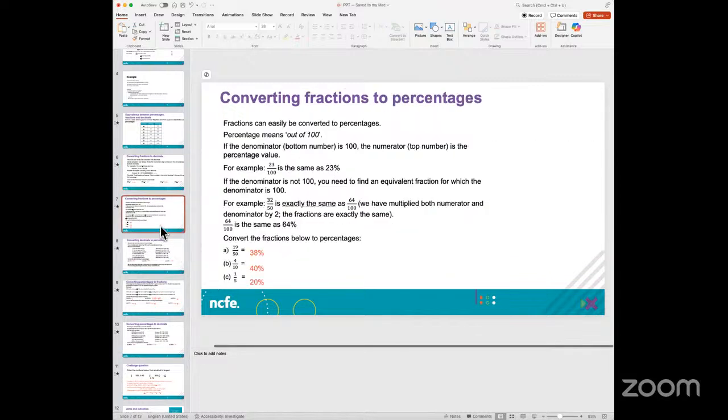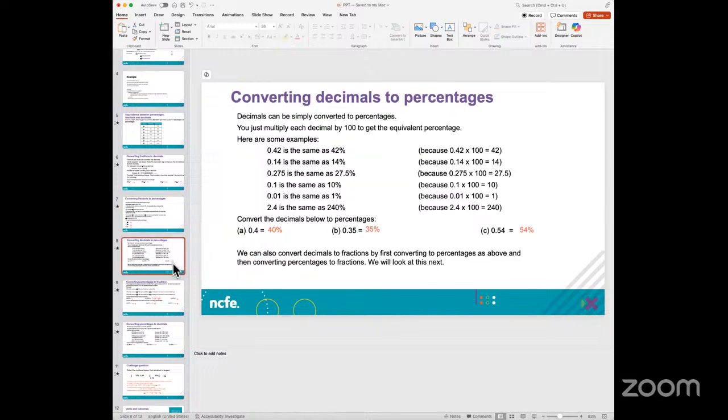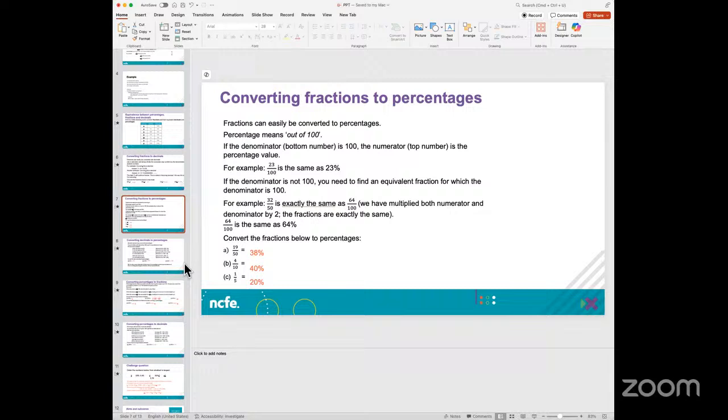There could be another question for 1 mark which will say convert fraction into percentages. There could be another question which will say convert decimals into percentages. And you need to remember that if a number is expressed as a decimal, you multiply by 100. If the number is expressed as a fraction, you multiply that by 100. And that would give you a percentage.